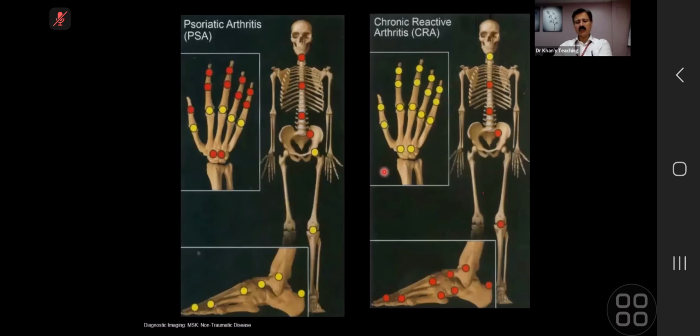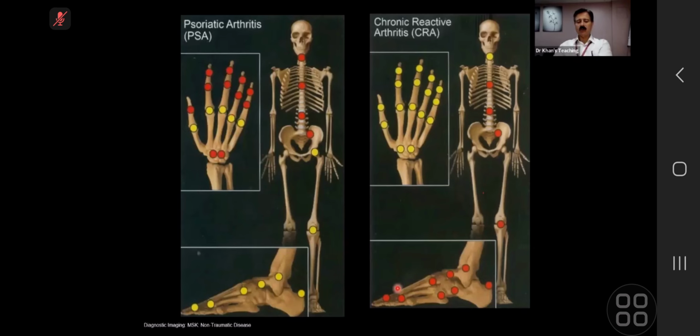Now, take home point, this is an extremely important exam concept for you to remember. On this side is CRA, on this side is PSA. Look at the difference. Spine and SI joints, there is no significant difference. The difference is in the distribution of hand versus feet. If it is hand involvement, call it PSA.